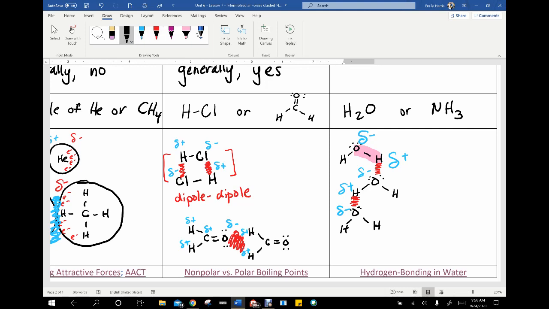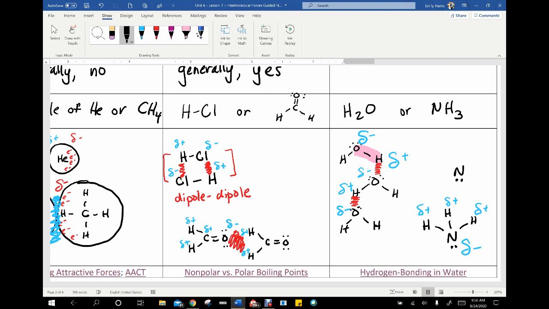Now let's look at it with NH3 right quick as well. So I'm going to draw it upside down just to give you guys some different perspectives. So again, since nitrogen is highly electronegative, it'll have a large partial negative and a large partial positive on the hydrogens.